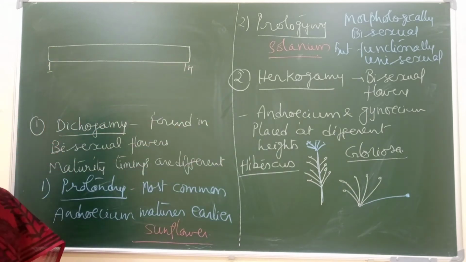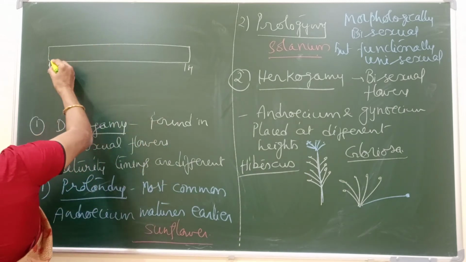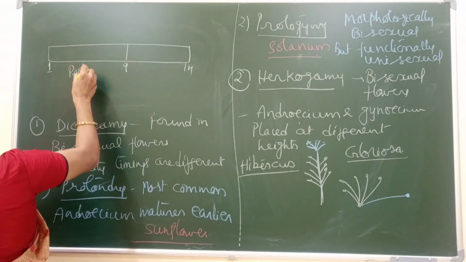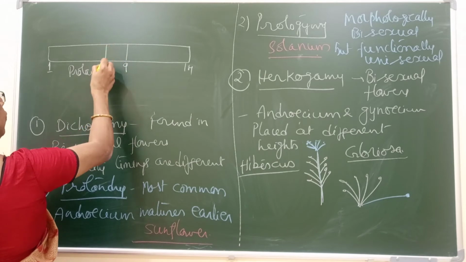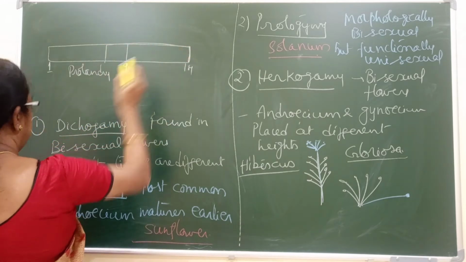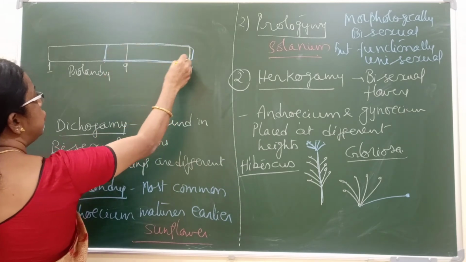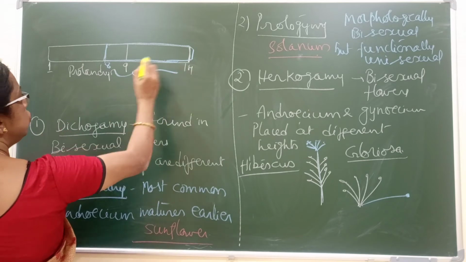Suppose protandry is seen between 1 to 9 hours, and protogyny is seen from 8 hours to 14 hours.